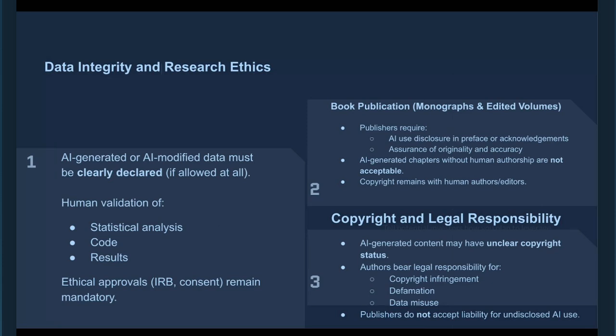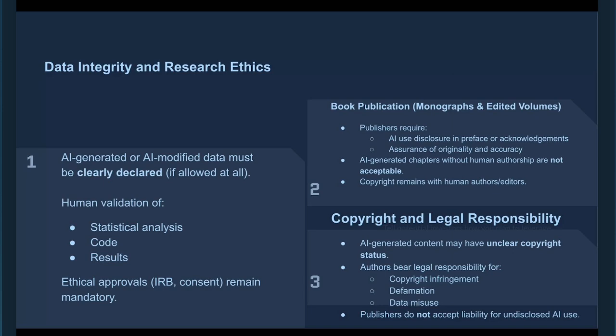Then comes data integrity. See, AI generated data will be very clear and it will be declared in different forms. But whatever data is made available to you by AI should be clear. What I meant is it should not be ambiguous.